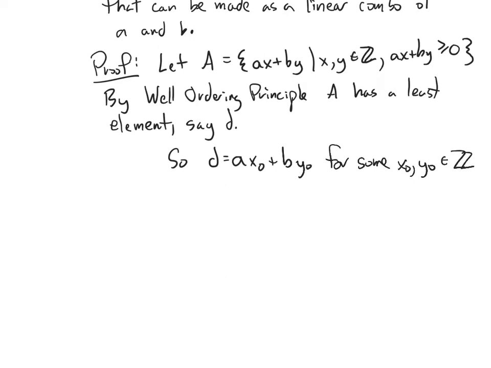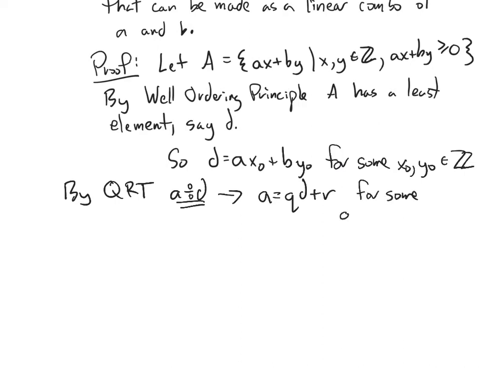So now, by the division algorithm, or the quotient remainder theorem, we know that we can divide A by D. So A we can write as QD plus R for some Q and R, which are integers, and R is a remainder, so it is at most D minus 1.